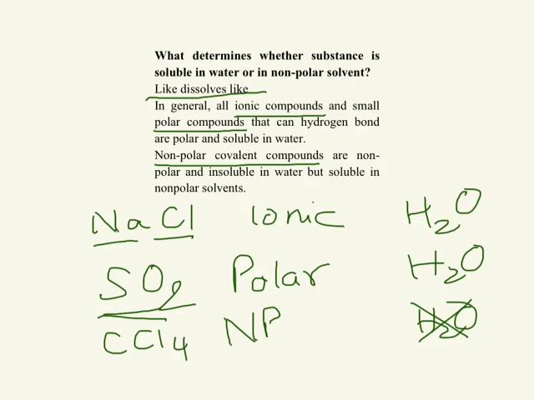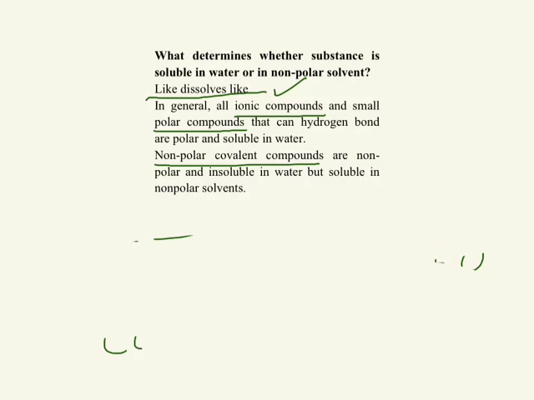Within the ionic compounds also, you have some rules: there are some ionic compounds which are not soluble in water. And what are those? That list is given to you in your book.